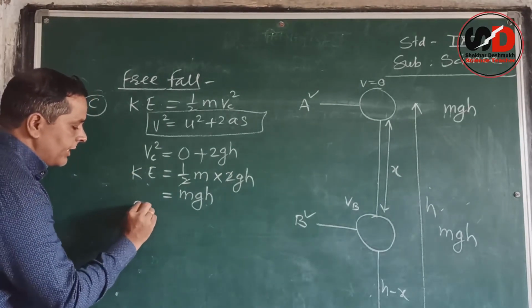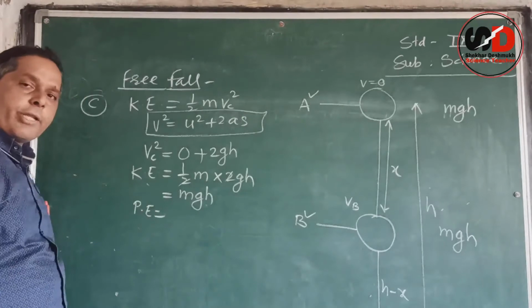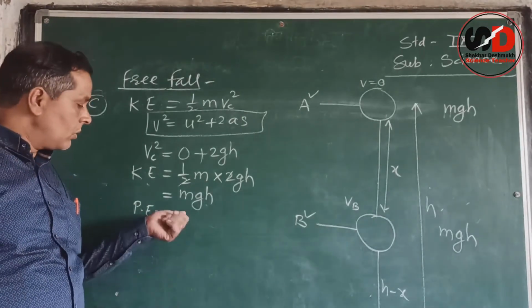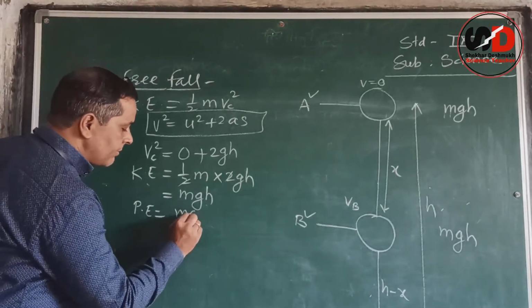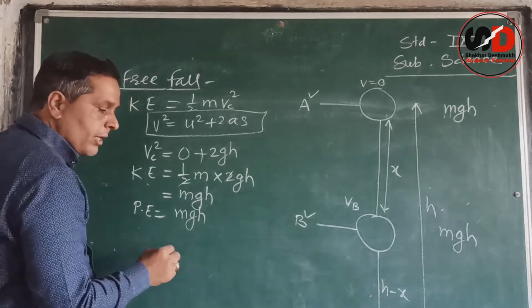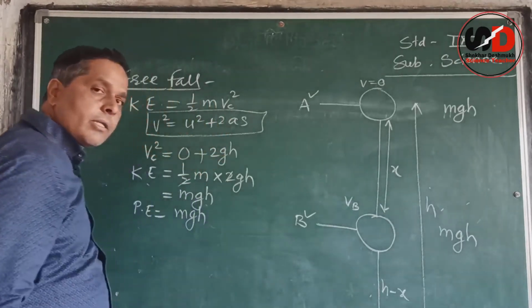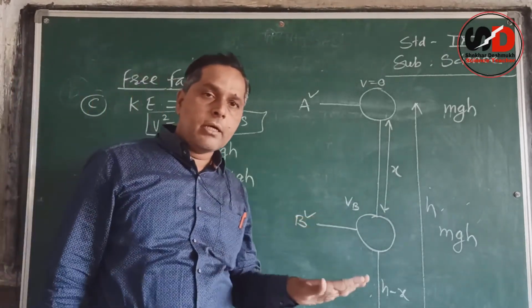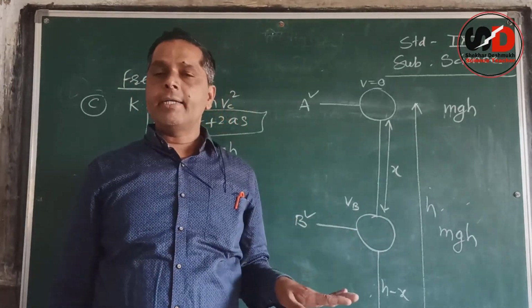What is the potential energy then? The formula is mgh. At point C, the ball is at the ground and therefore the height is 0.